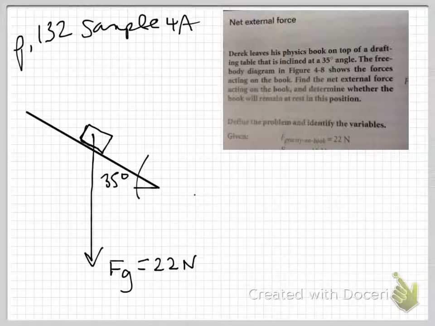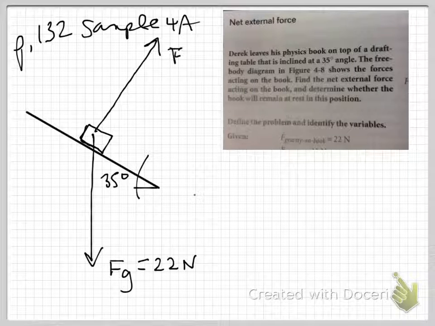Normal force is also critically important, and we'll spend more time on it when we get into the section on everyday forces. Normal force always acts perpendicular to the surface. So normal force is going to look like that. And we're told that the normal force here is 18 newtons.